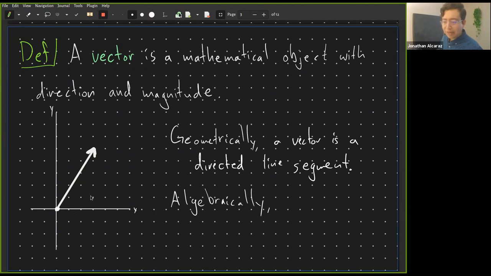You can break it up into the x component, which would look something like this. We should make sure that's straight. So you have something like that, okay? And then you can break it up into its y component, which would look something like that. So this white vector here, we can break it up into this x component and this y component.